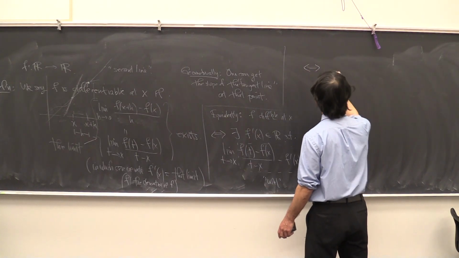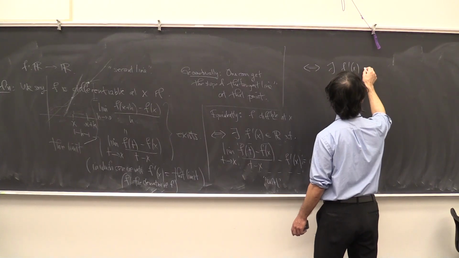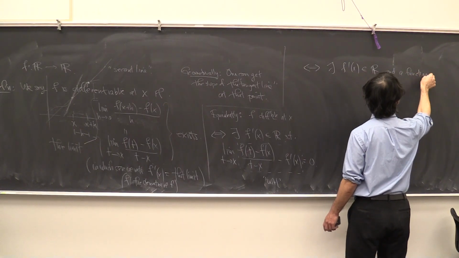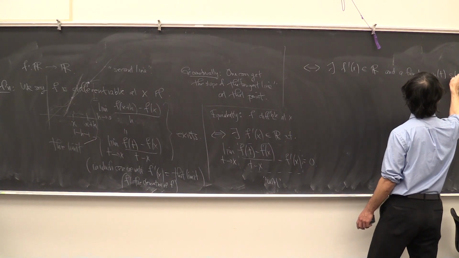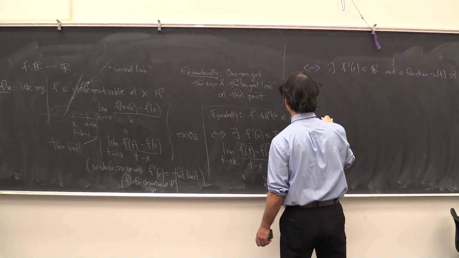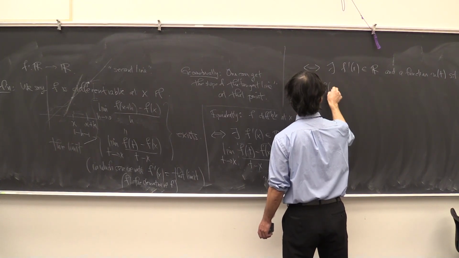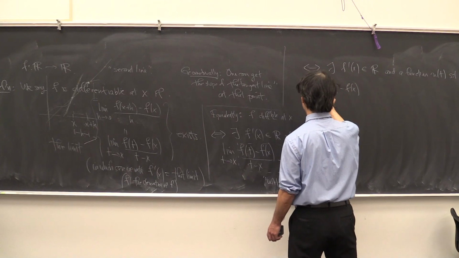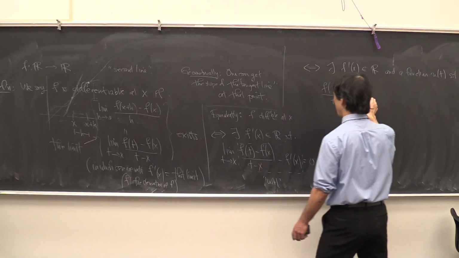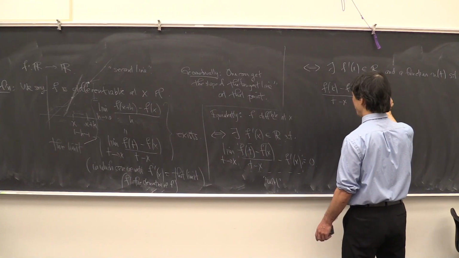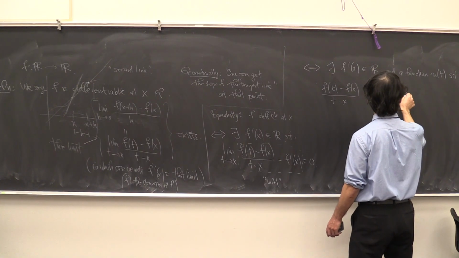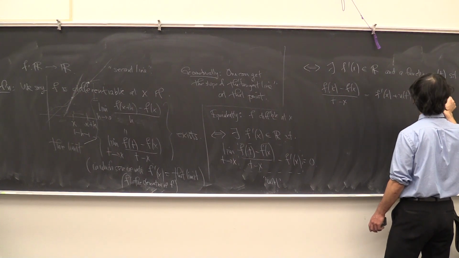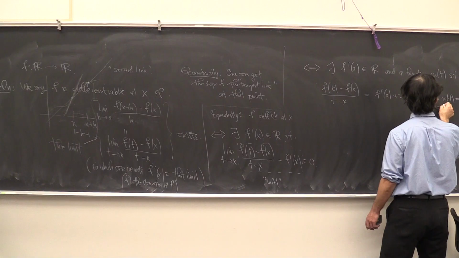I'm going to say equivalently, there exists a number f prime of x and a function u of t such that f of t minus f of x over t minus x equals f prime of x plus u of t, and the limit of u of t is 0 as t approaches x.